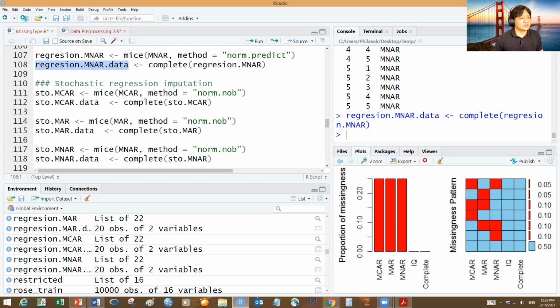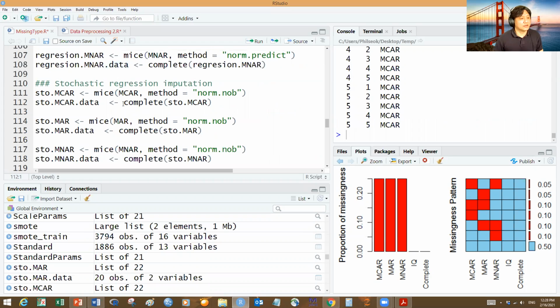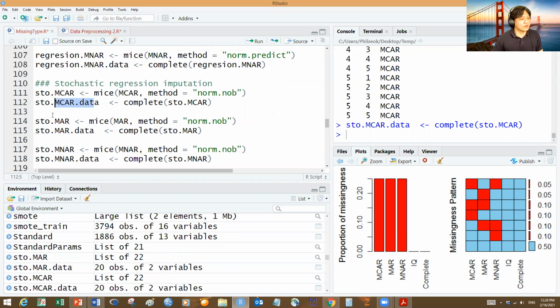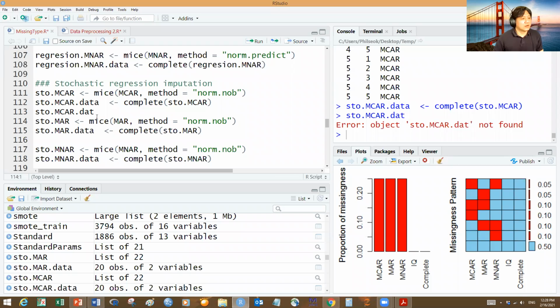And then this is a stochastic regression imputation. You can still use the mice package, but the method here is norm.nob. This is for the stochastic regression. If you run it, this is the complete data set, and now we can check it.